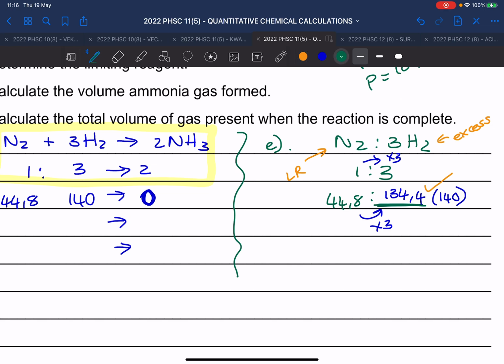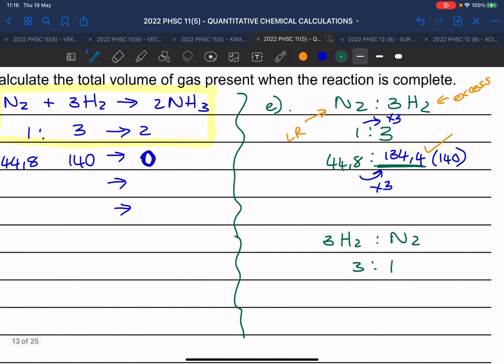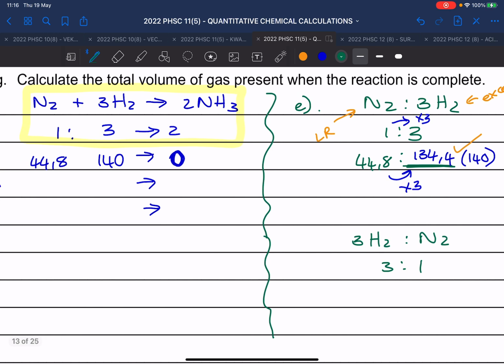Okay, so this is sufficient in a test or exam to show this is enough. I'm just going to show you the other way around as well. So you can also have gone hydrogen versus nitrogen. It's 3 to 1. So I'm just swapping them around. And then you say, okay, if I use all of that, how much of that will I need?